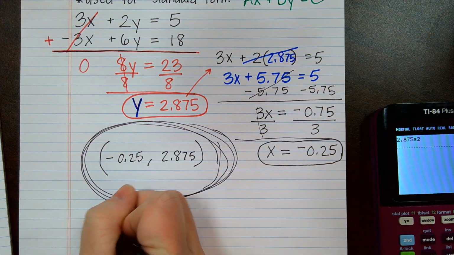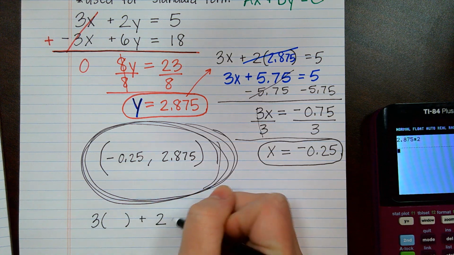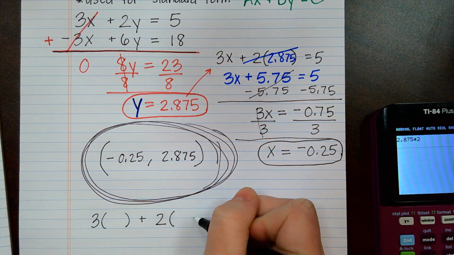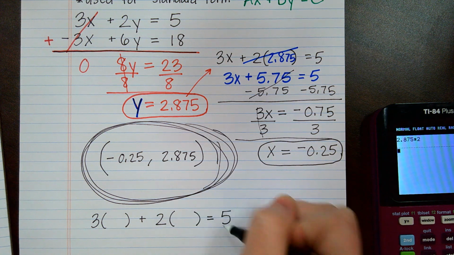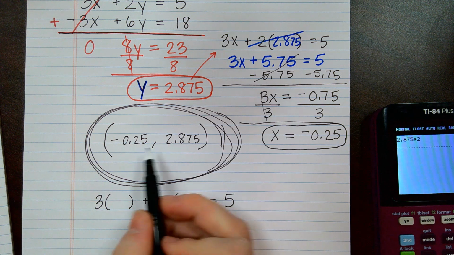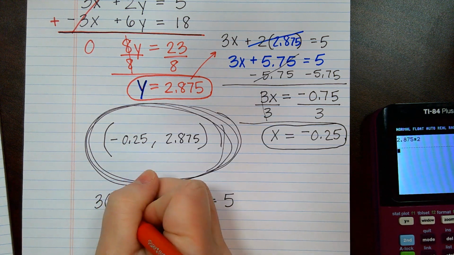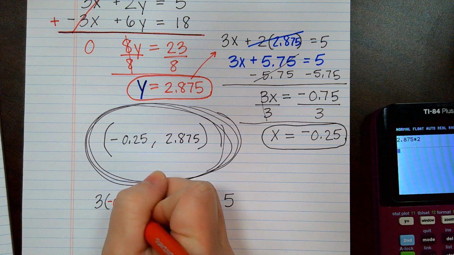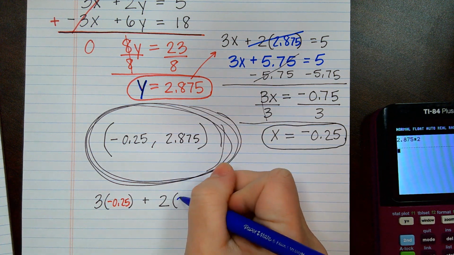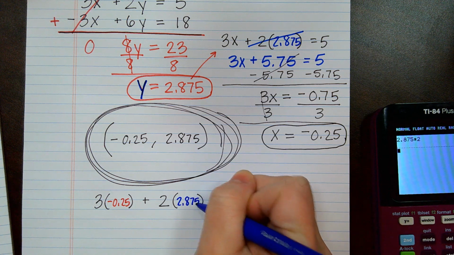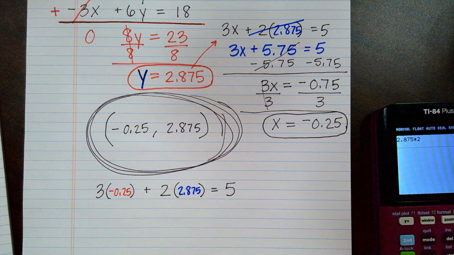So I have 3 times x plus 2 times y is equal to 5. So whenever I plug in negative 0.25 for x and 2.875 for y, and then I add these numbers together, they better come out to be 5.